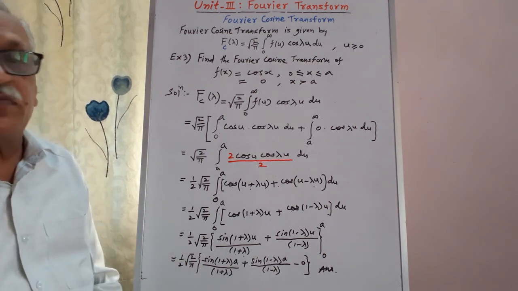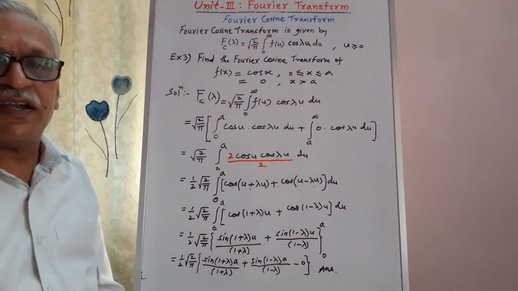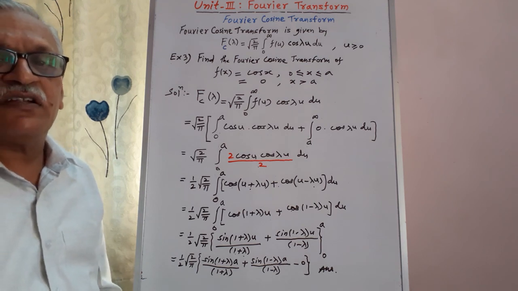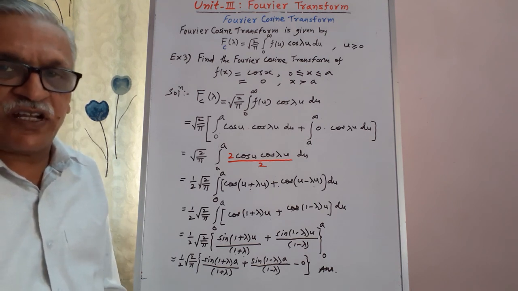Therefore, with the help of these three simple examples, I tried to explain how we can obtain the Fourier cosine transform.